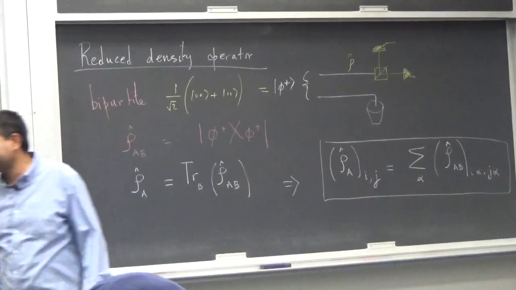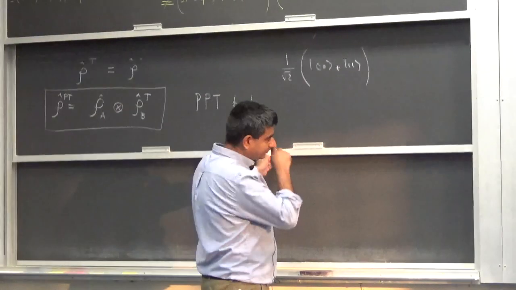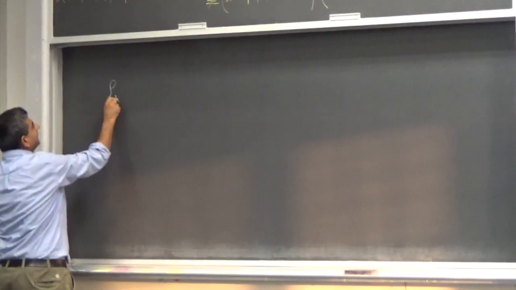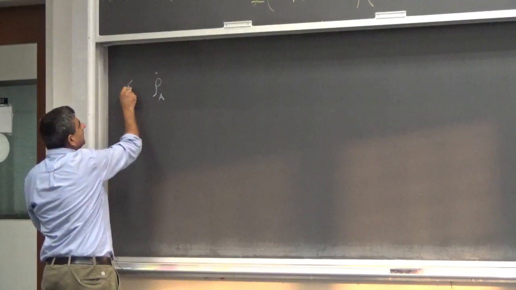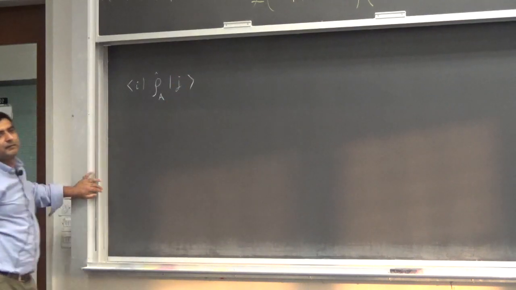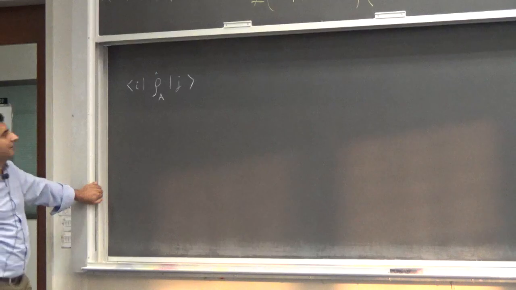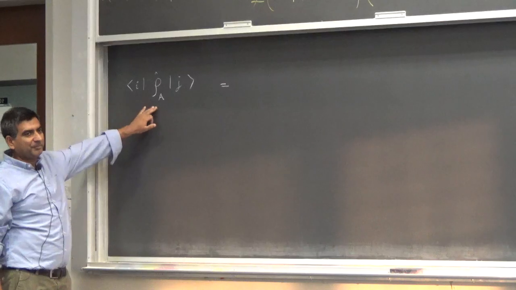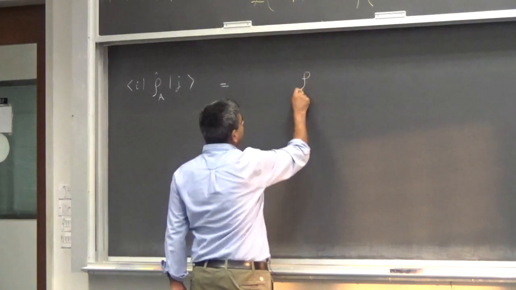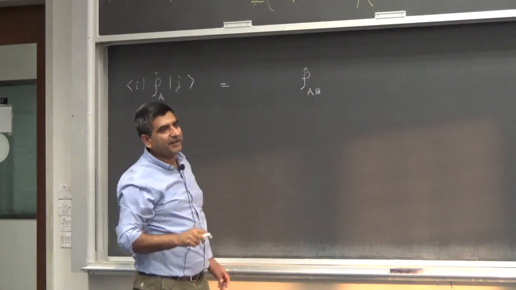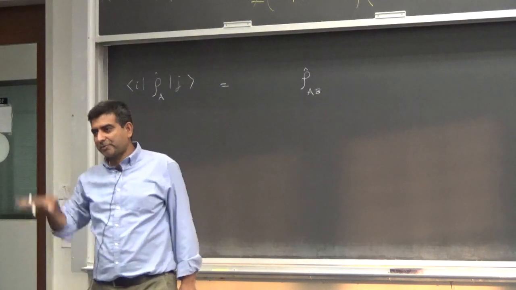Now let me write this in a different fashion so that it's easy to understand. Rho A, so it has a row and a column ij, is defined by rho AB. Now rho AB is defined by something on the first qubit, something on the second qubit.